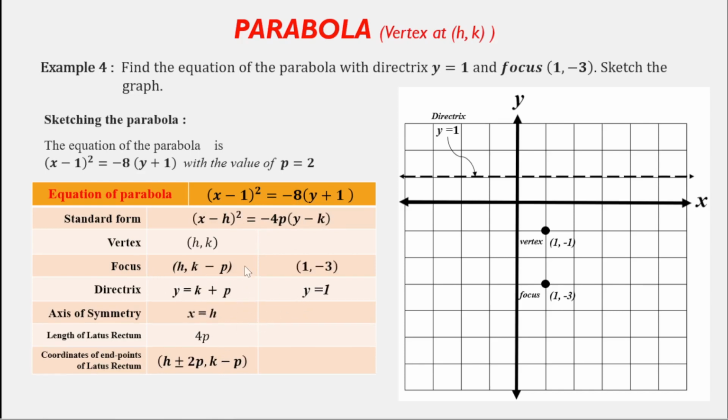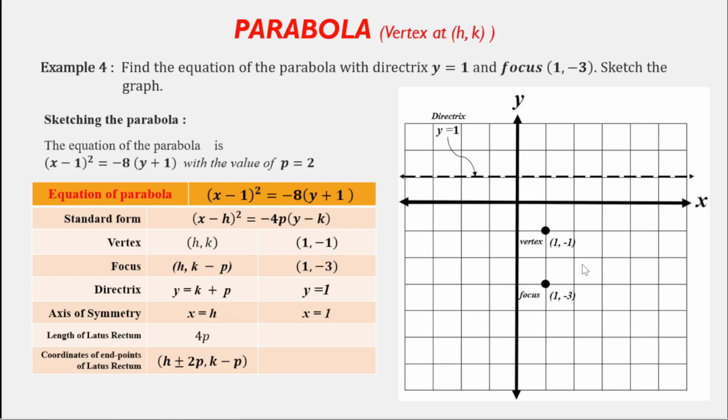Given the focus, which is (1, -3), and the directrix, which is y = 1, we already derived the vertex, which is at (1, -1). In finding the axis of symmetry, x = h, where h is equal to 1, so the axis of symmetry is x = 1.